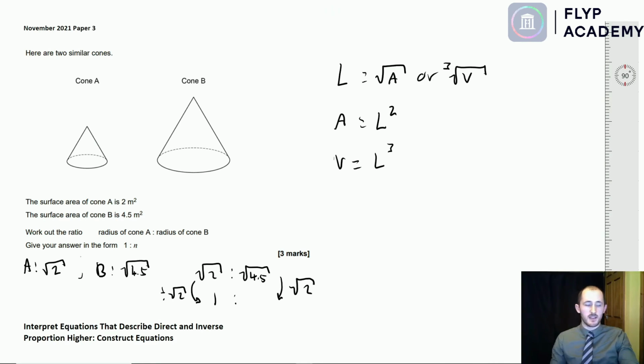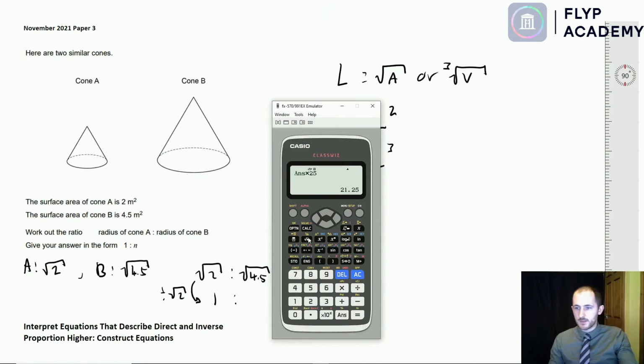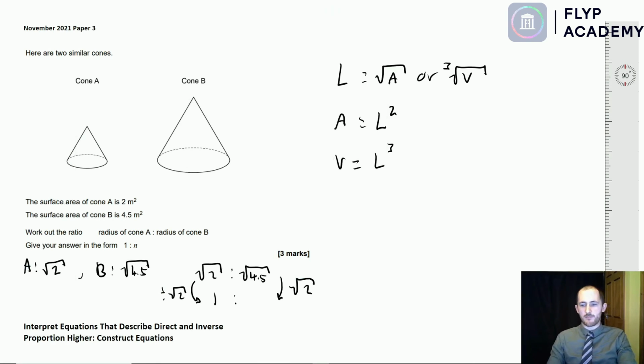And again, it's fairly simple. Actually, let's just quickly do this. So we have the square root of 4.5 divided by the square root of 2. 3 over 2. So we don't normally write fractions, so let's do 1 to 1.5, okay? So again, a lot of students find it tricky, but it's not tricky.